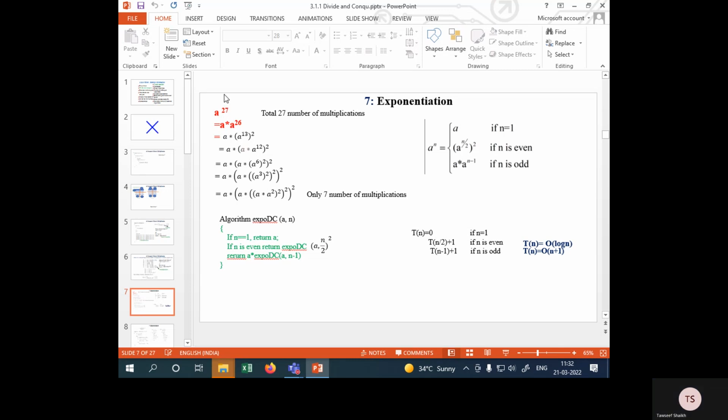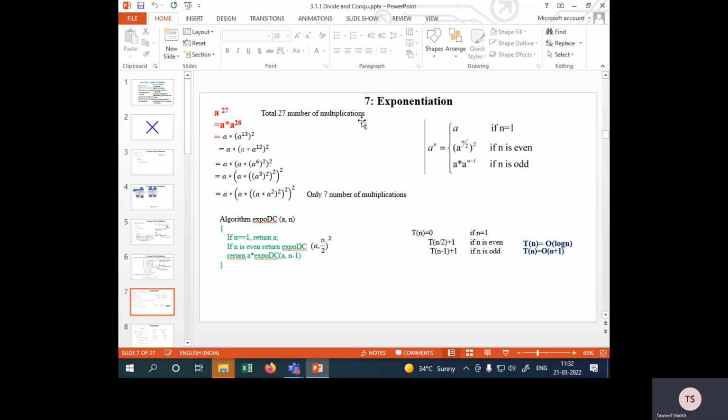So if we have to find a to the power 27, that means we have to multiply a with itself 27 number of times: a into a into a, keep on doing it until it reaches 27. So 27 multiplications.